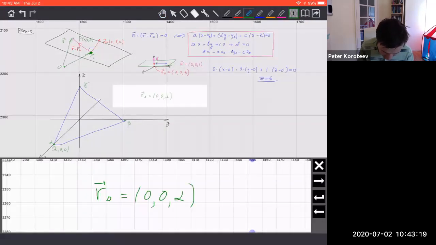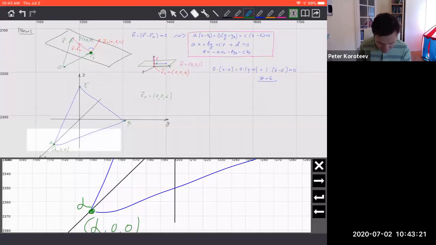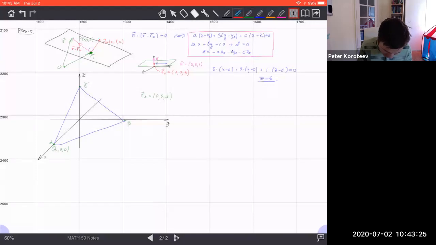Also, keep in mind that we don't need any conditions on n. It doesn't have to be unit length. It can be any length as you like, as long as it's not 0, and it will give you the description of the plane just fine.